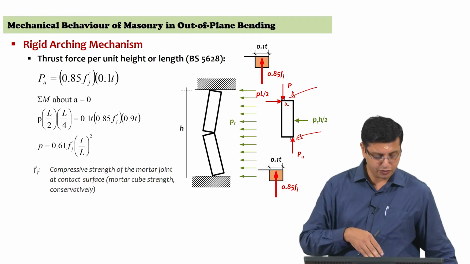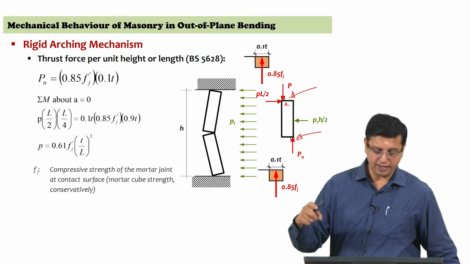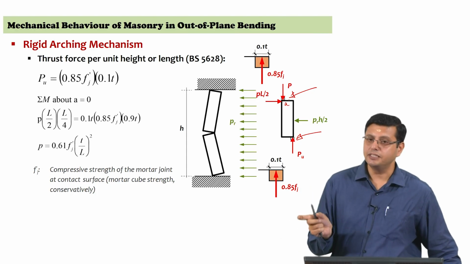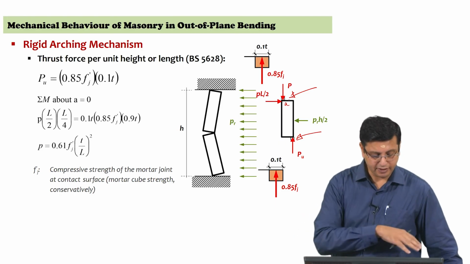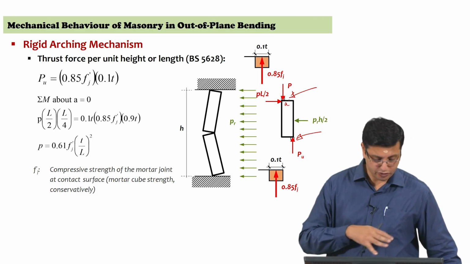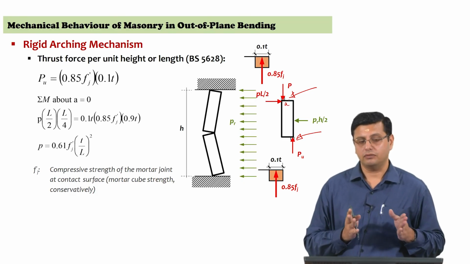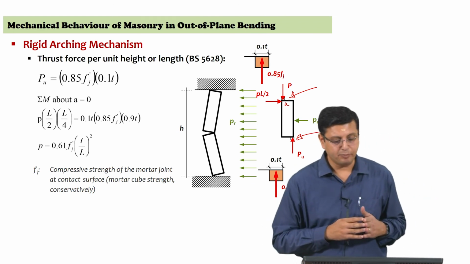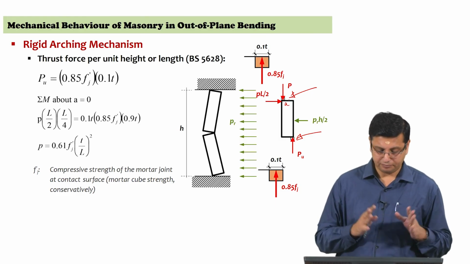So, P into L by 2 into L by 4 is equal to 0.1 times T into 0.85 Fj, the height of the stress block, into 90% of the thickness of the wall, is the resistance that you are getting, and that gives you an expression 0.61 into f prime j into T by L the whole square. So, this is a way of accounting for, in one way bending action, vertical or horizontal, the clamping forces that can come because of the arching mechanism available in masonry.